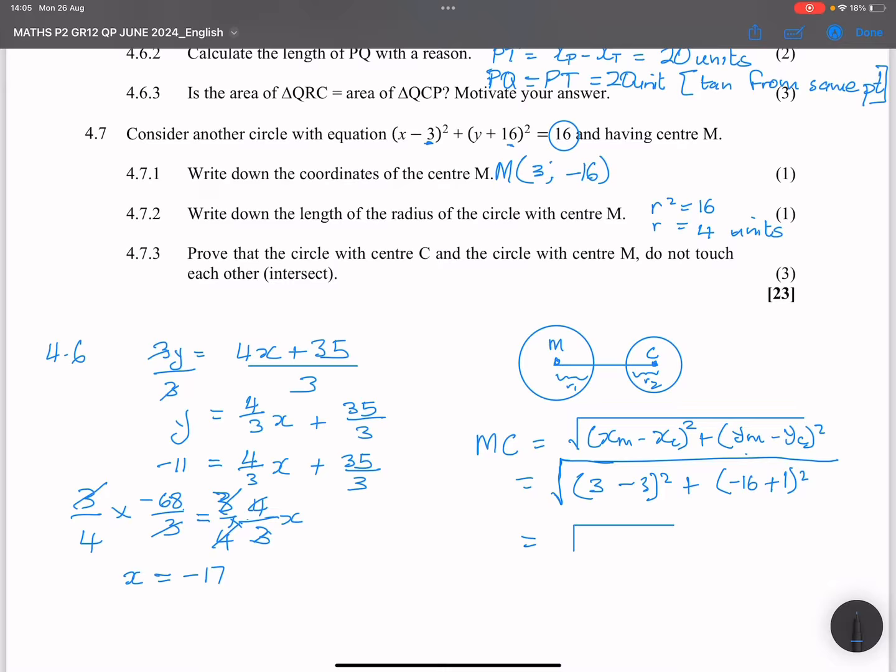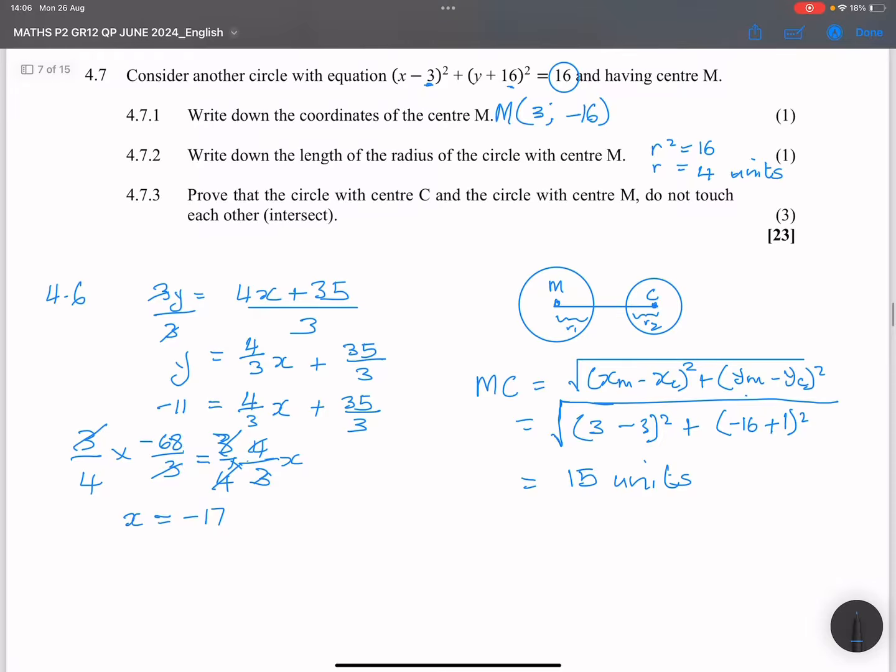And so what do we get for the value of MC? We've got negative 15 all squared, right? So actually we can just simply say this will give us 15 units. Now let's find the sum of their radii. So MC is equal to 15 units. So let's find radius 1 plus radius 2.